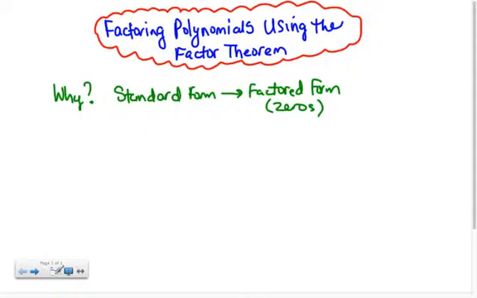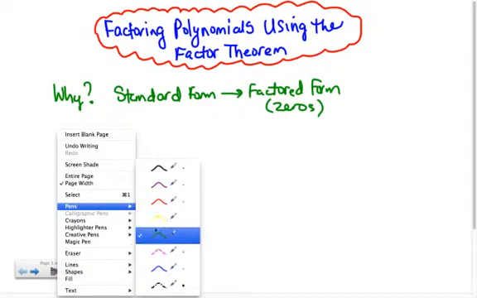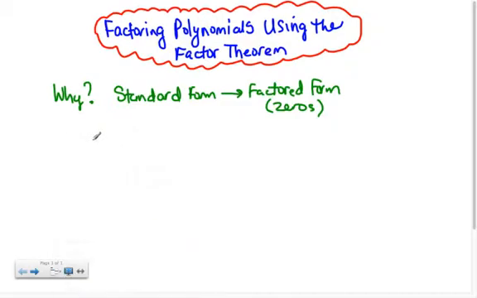Okay, so we'll start off with an example. Let's say that I've been asked to factor the following polynomial: x cubed minus 19x plus 30.